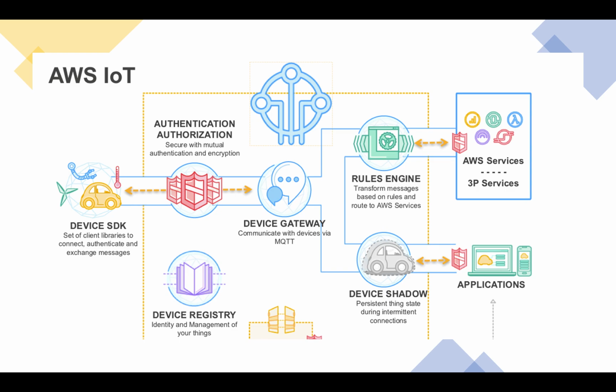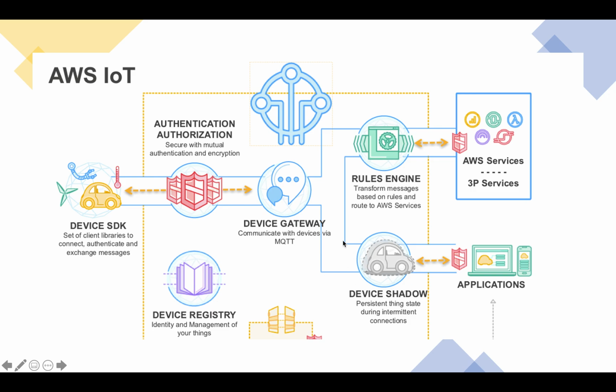Our device will be able to send data to the AWS cloud through the authorization process, and once the data gets into the AWS IoT cloud, it communicates through the device gateway using MQTT.